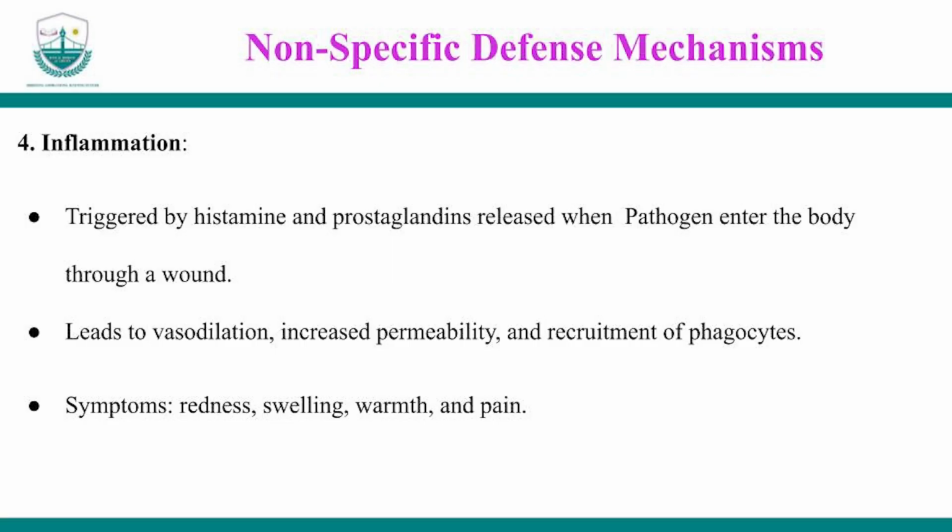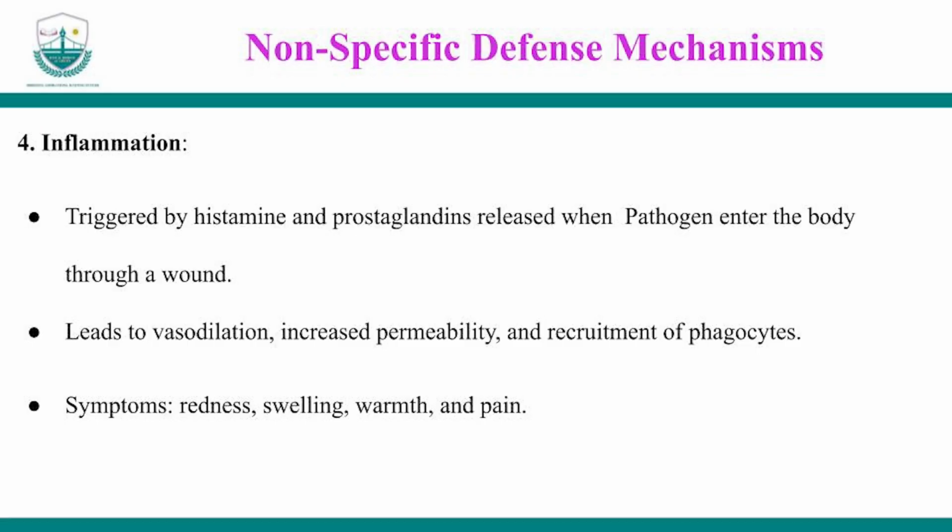And a command is sent on what to do in case anyone comes across this enemy. So this is what basically happens with inflammation: a series of events are triggered because of the presence of the pathogen in the body.